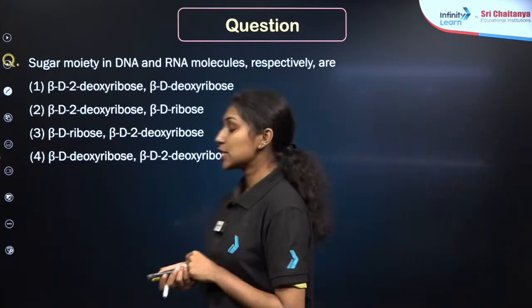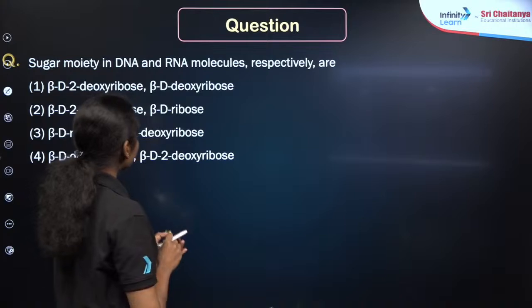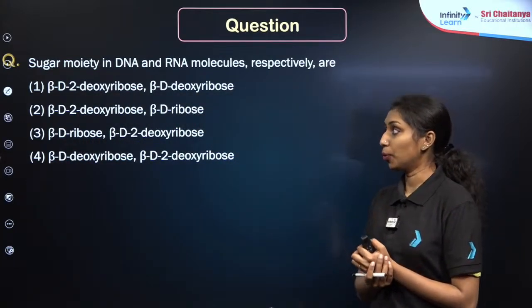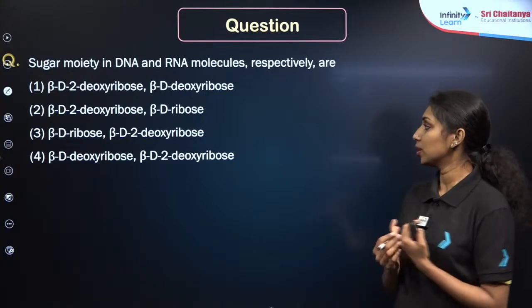Here is the next question. The sugar moiety which is present in DNA and RNA molecules respectively are.